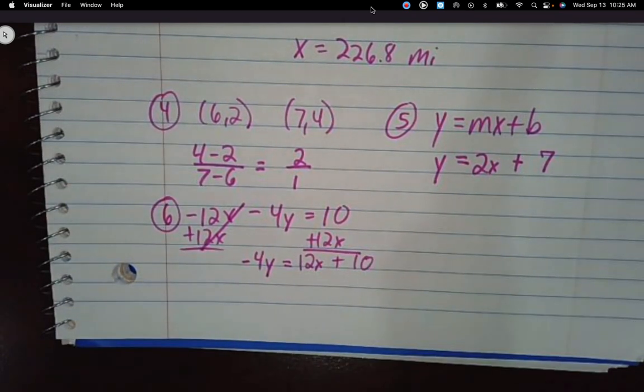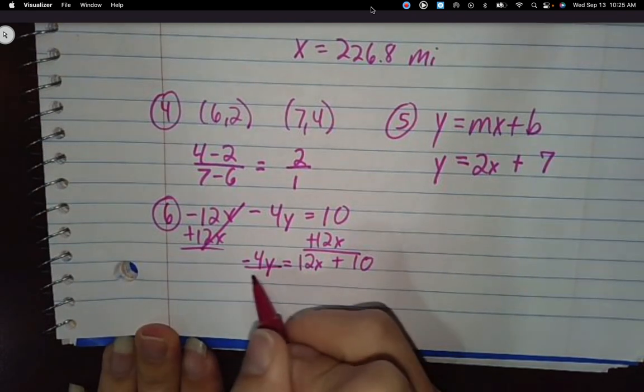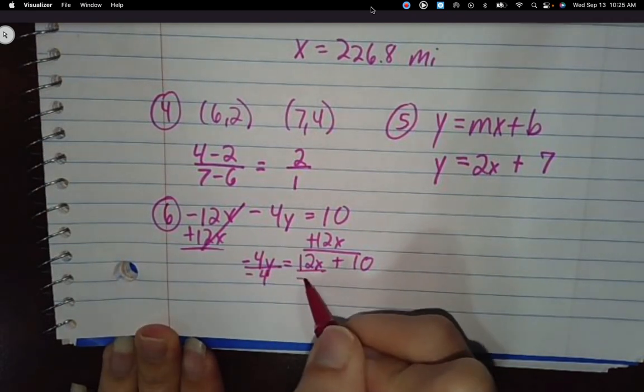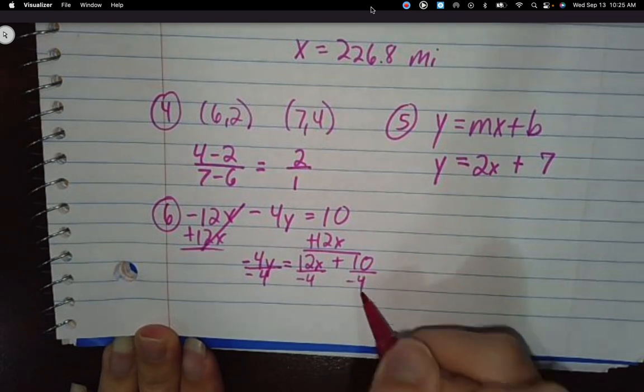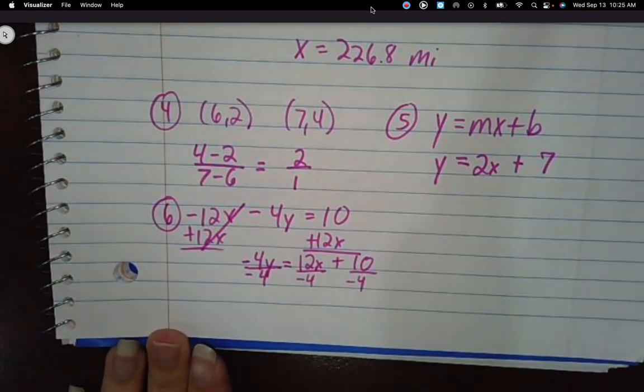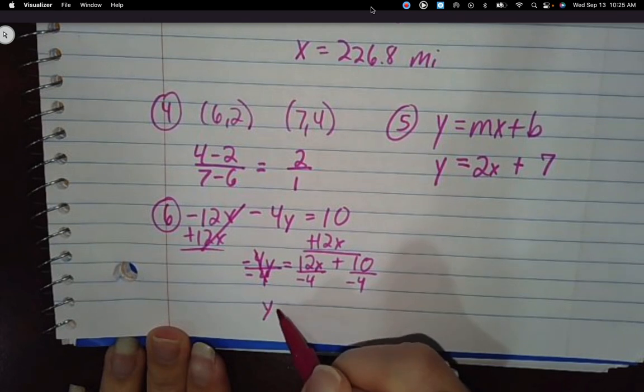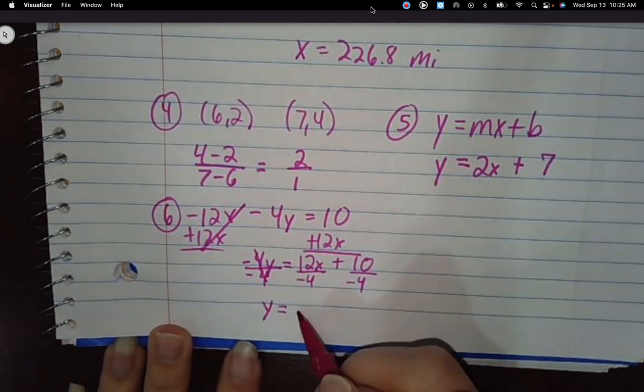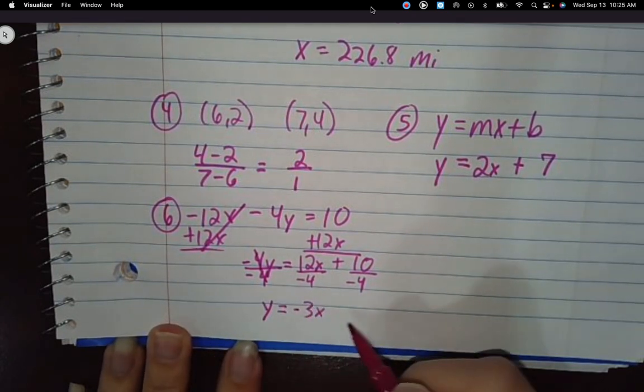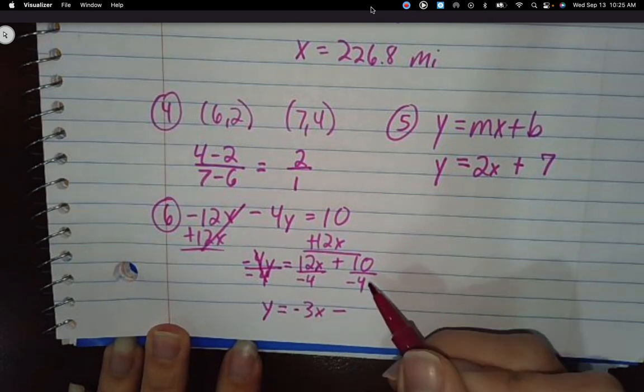Are we good with that step? I just moved my 12x, and it became positive on the other side. Then there's one more thing I need to do. What is that? Divide everything by negative 4. And I'm looking at theirs, answer choices. Look, I like to divide each one of mine, just all separate. Each little thing divided by negative 4. So I get y equals what? Negative 3x. And then this one's going to be a minus.